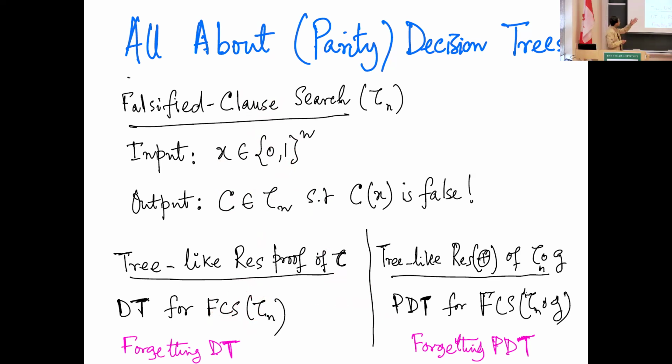And similarly, in the same vein, if I give you a Res(lin) proof of a contradiction like this, you get a parity decision tree, just the parity decision tree that the previous talk was mentioning. You extract a parity decision tree. It's in one-to-one correspondence for solving the falsified clause search problem.